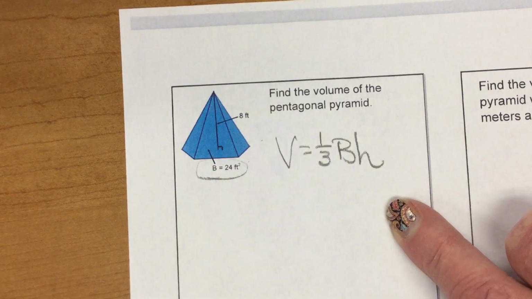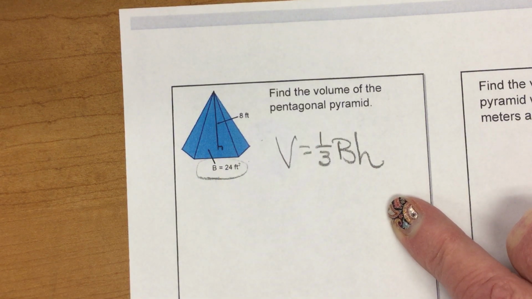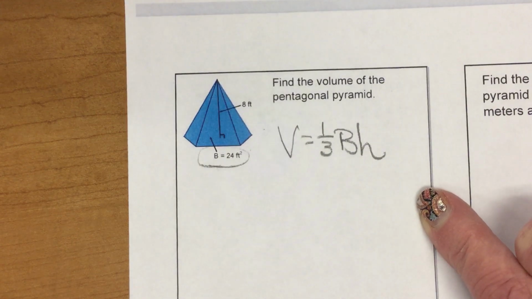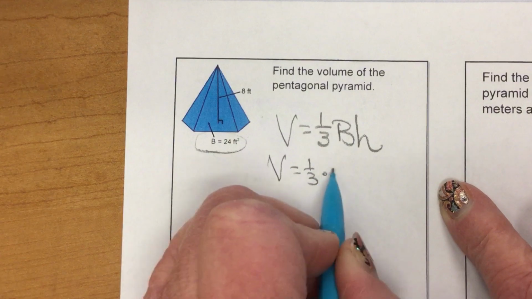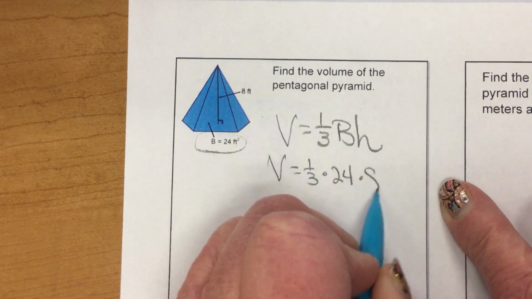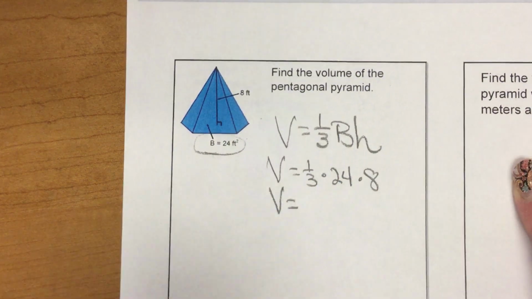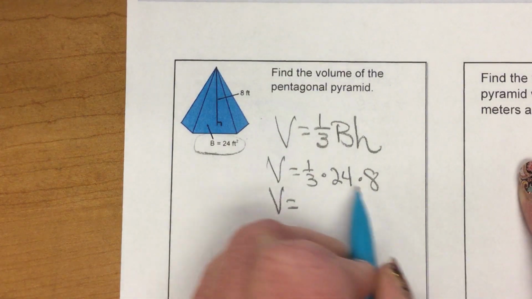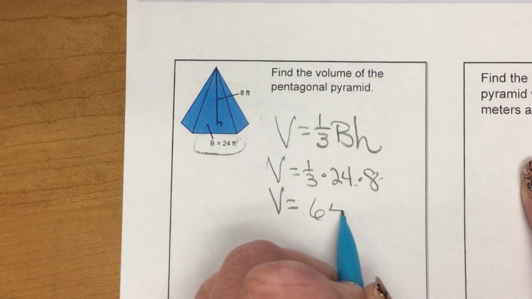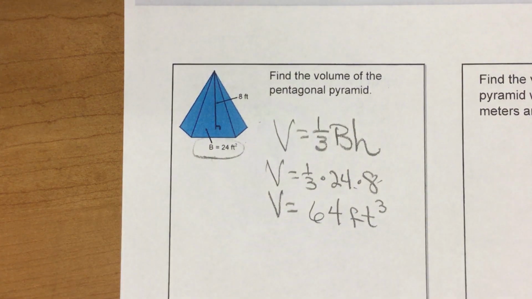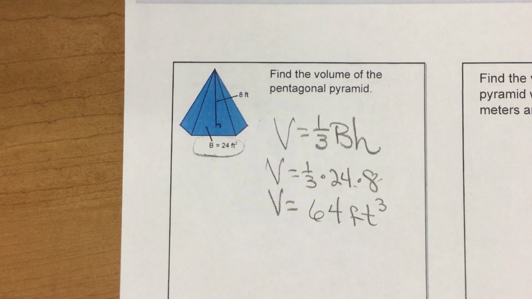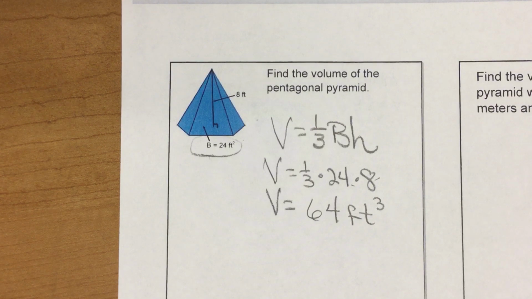They gave me capital B. I don't know how to find the area of a pentagon, so they gave it to me. I'm so excited. So 1/3 times 24 times a height of 8. 3 goes into 24 8 times. 8 times 8, 64 feet cubed. Pretty cool, huh? Yay. That was nice. I like that one.